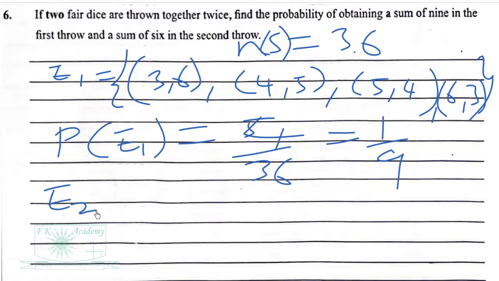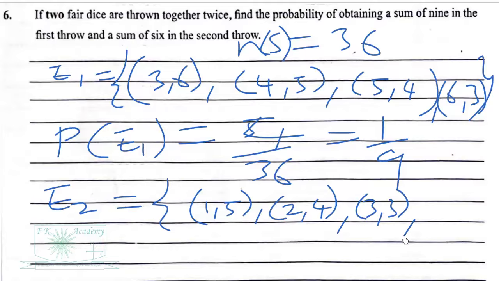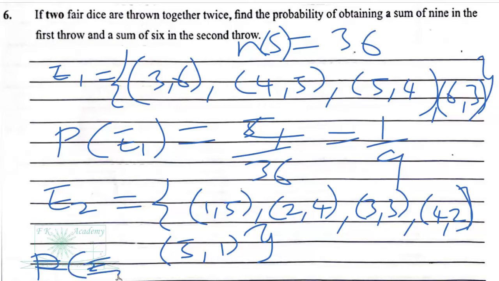Then the second event is obtaining a sum of 6 on the second row. So the possible outcomes are 1,5; 2,4; 3,3 on both dice; 4 on the first and 2 on the second die; and 5 on the first and 1 on the second. So the probability of the second event will be equal to 5/36.